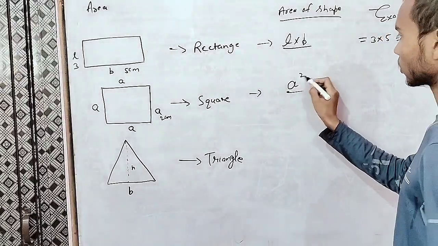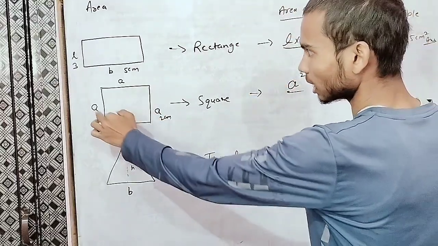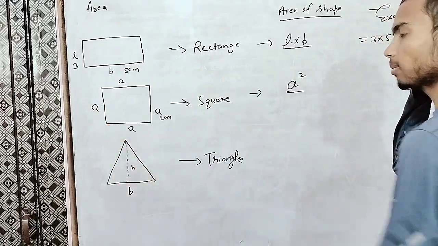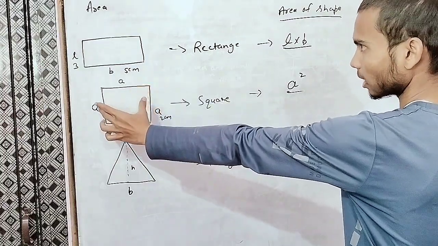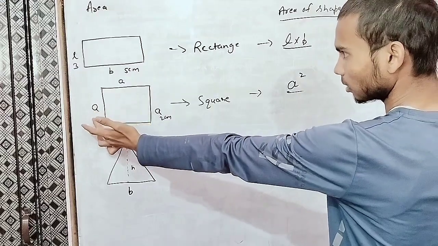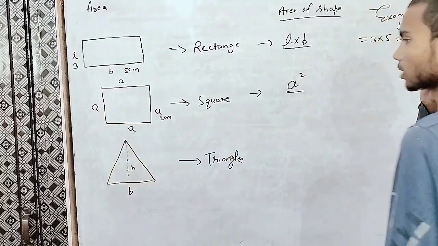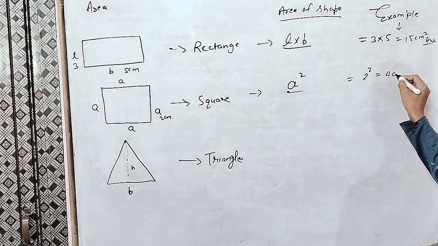Here would be A square, 2 times. One and two, this side and this side. These are parallel lines, and these are parallel lines. So we want to take one side of a parallel line. This is and this is. How much? 2 times 4 centimeter.